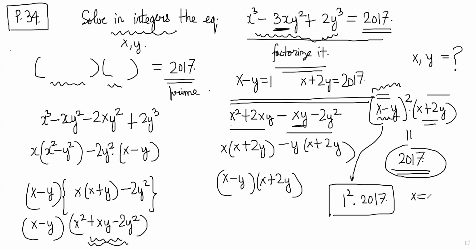X comes out to be 673 and y comes out to be 672. But the problem cannot be solved unless you factorize it. If you don't factorize it and try to solve it, it is super annoying. I don't know how you do it. Is it clear to everyone what we have done?